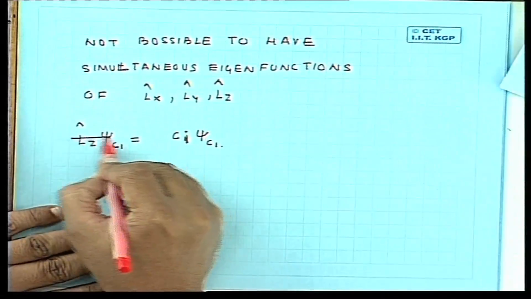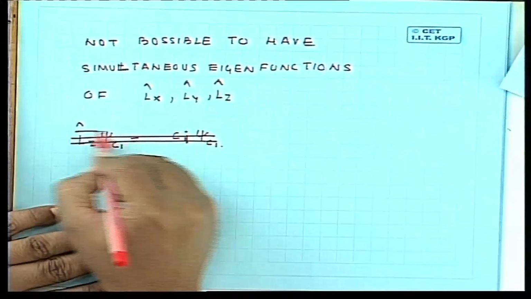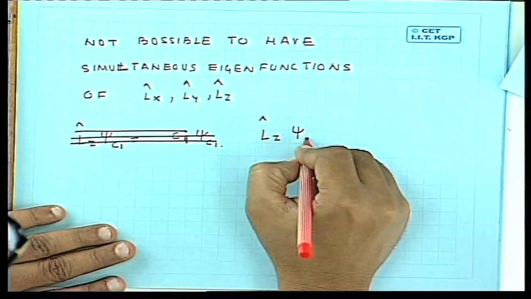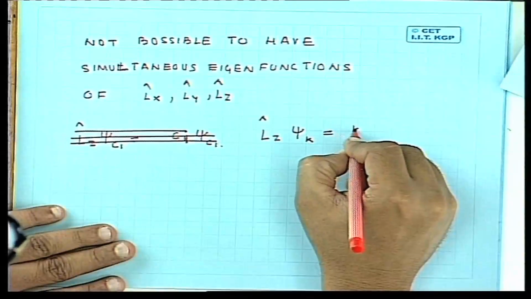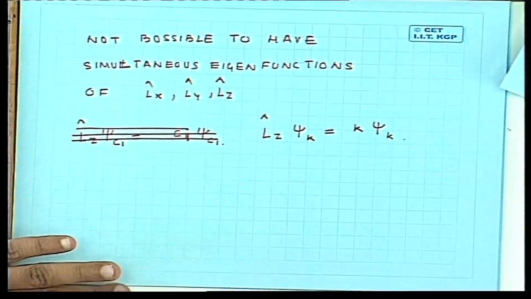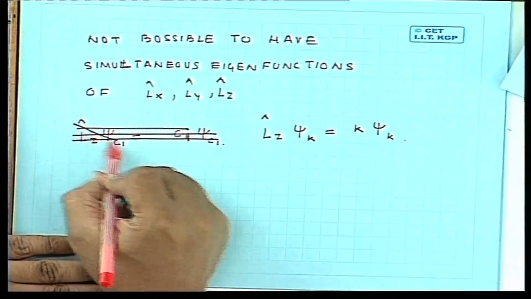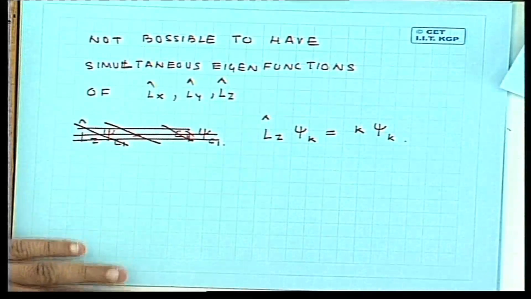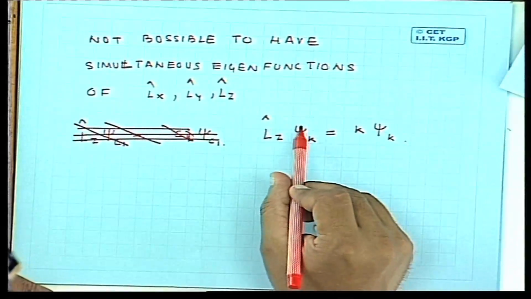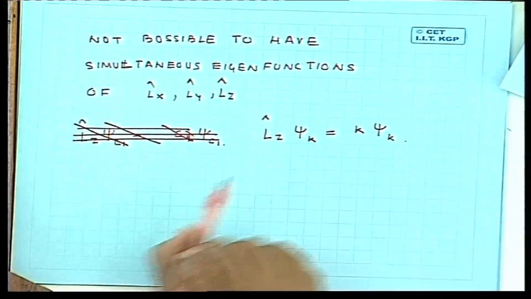Or better to use k, because the C's have been used as expansion coefficients for the wave function. So we are going to solve this equation. These psi k's are defined to be eigenfunctions of Lz.